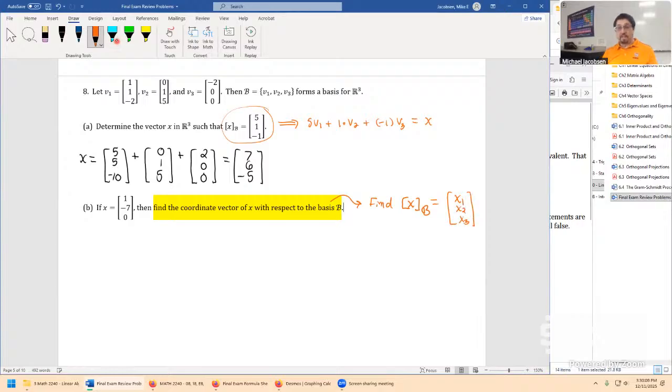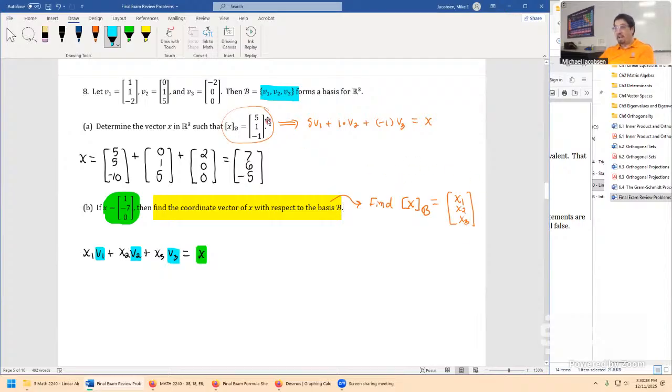These are the scalars we're trying to solve for that multiply v1, v2, v3, giving the linear combination. So to get that coordinate vector, we're just solving x1 times v1 plus x2 times v2 plus x3 times v3 equals this vector x.